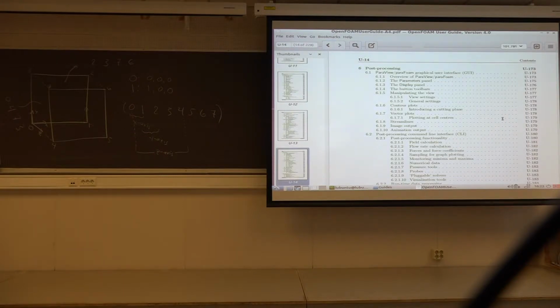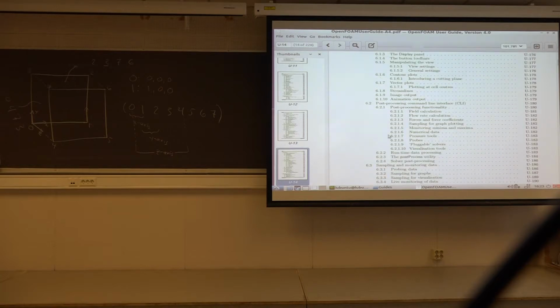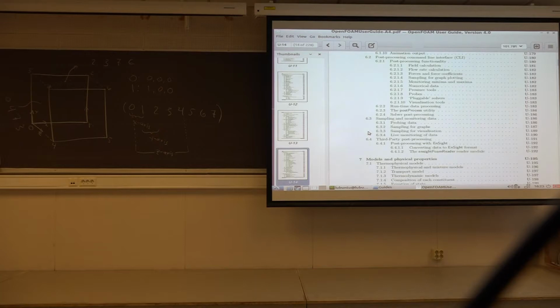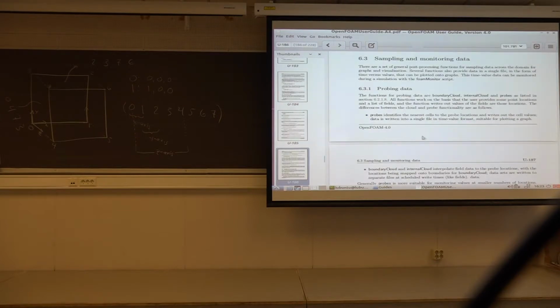Previously we had some other program. Here we are going to peek into something called sampling and monitoring data, chapter 6.3. So here we have options for how to extract data from a case.